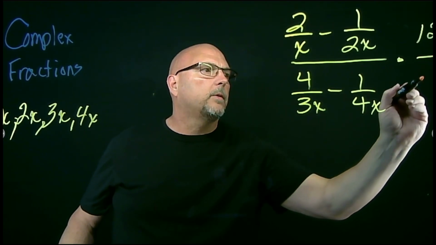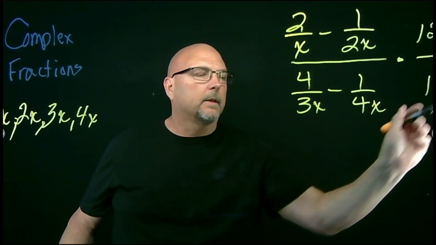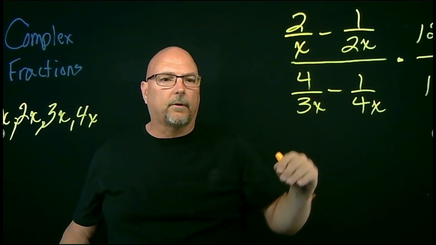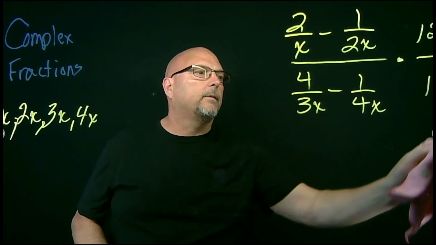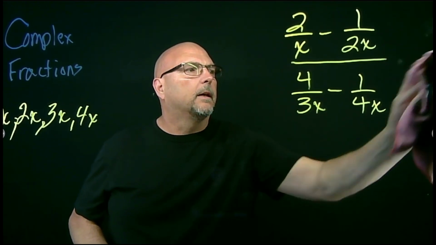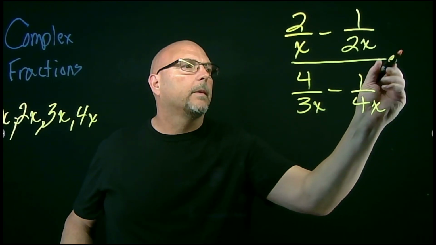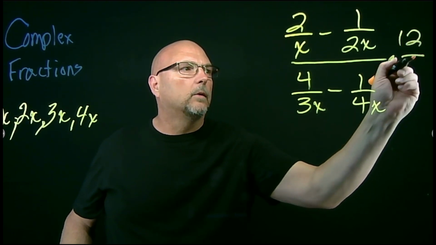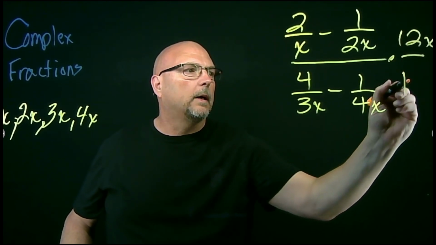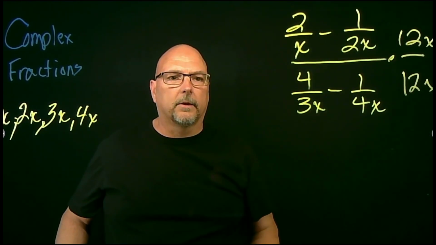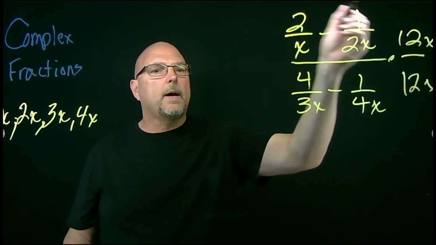So I'm going to end up multiplying the top and bottom of this complex fraction by 12x over 12x. And I'm seeing that I just went off the screen there. So 12x over 12x. So that fits.